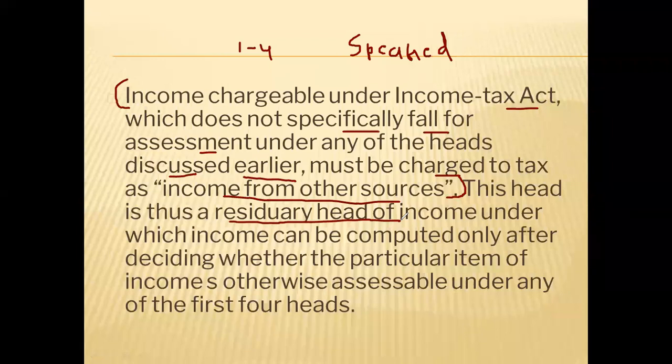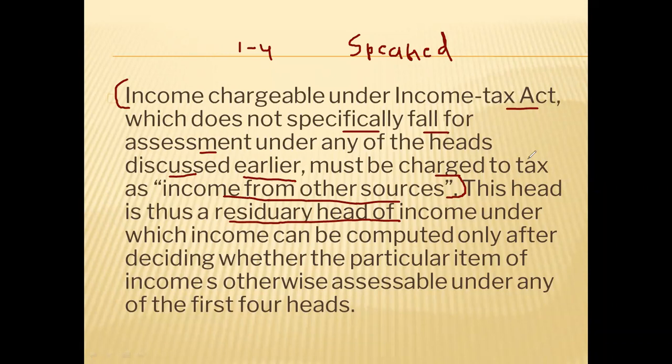Like you sold a house property, capital gain is there. You say that you don't want to put it under capital gain, you want to put it under income from other sources. It is not possible. If there is a specific head, it will be taxable under that head only. That you should remember. In income from other sources, only those incomes will come which cannot be specifically classified to tax under the specific heads.